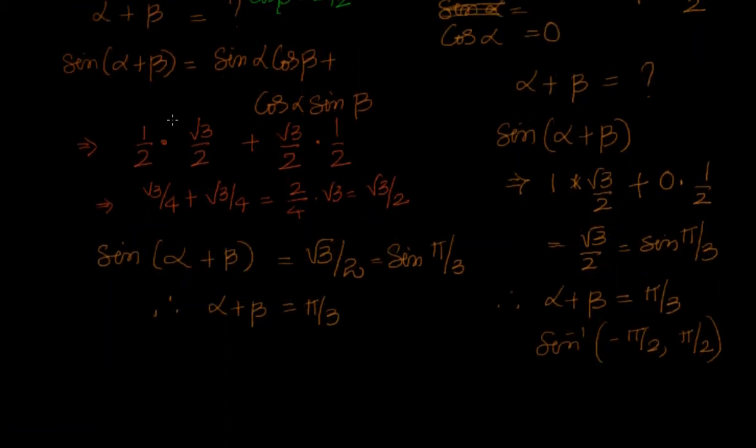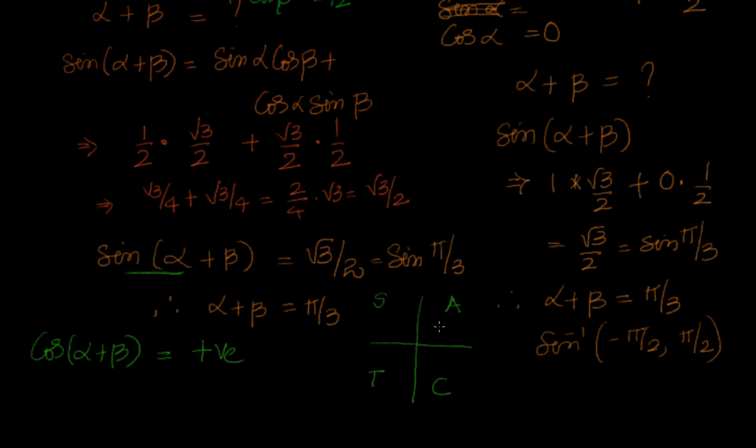Now how to know that this value is not pi by 3, it is 2 pi by 3? For that, what we have to do is go back to the 4 quadrants where all, sine, tan, cos. We have calculated what is sine alpha plus beta. Similarly, if we have calculated cos alpha plus beta and we see that it is positive, then I can say alpha plus beta is in the first quadrant.